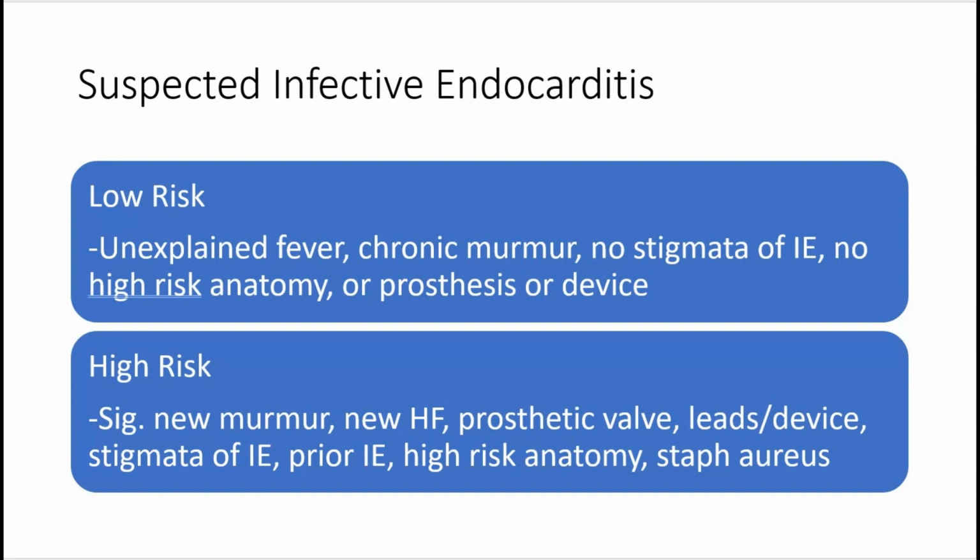has leads or devices, has signs of endocarditis on exam, prior endocarditis history, high-risk anatomy, including congenital heart disease, and if the bacteria in the blood is positive for Staph aureus.